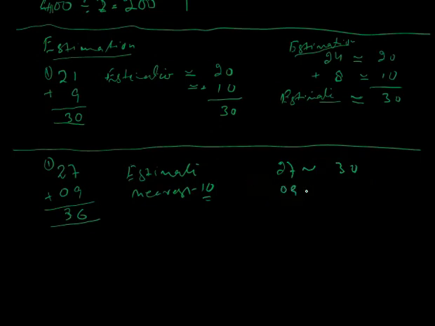When we add them, 30 and 10, it is 40. So it is not exact, but it is rounded. So it is an estimated number.